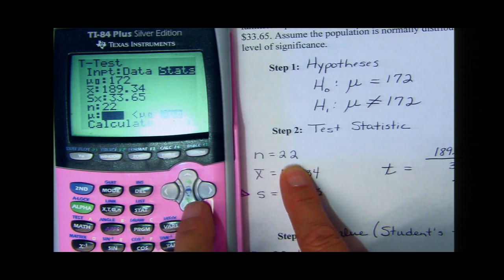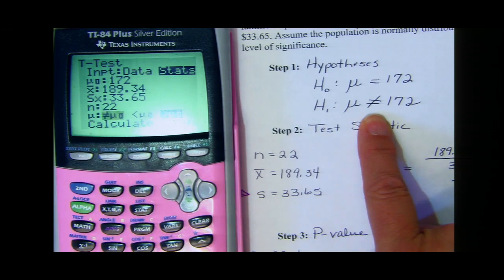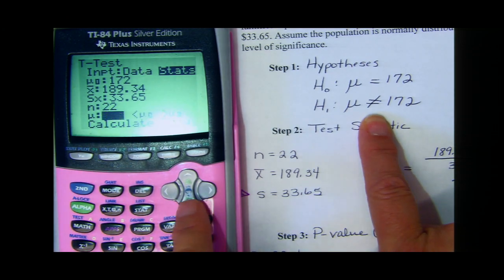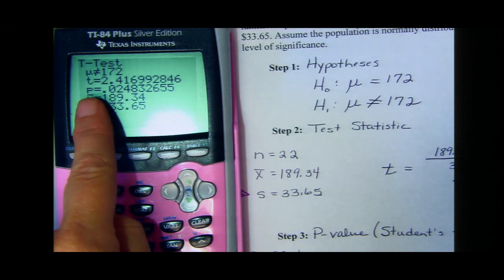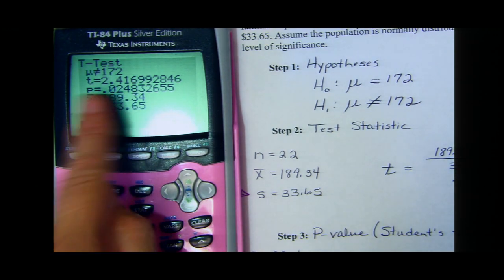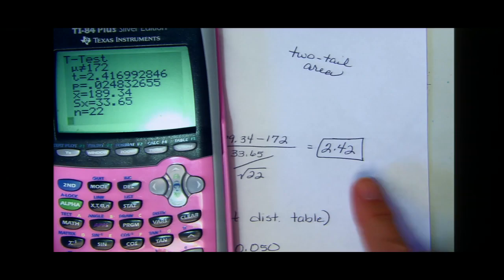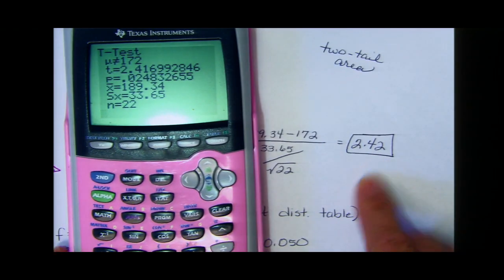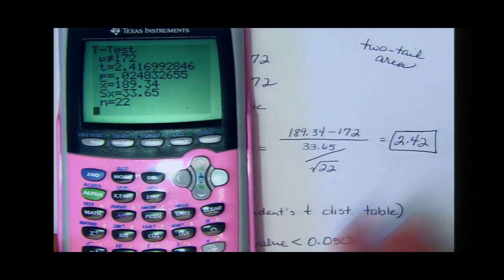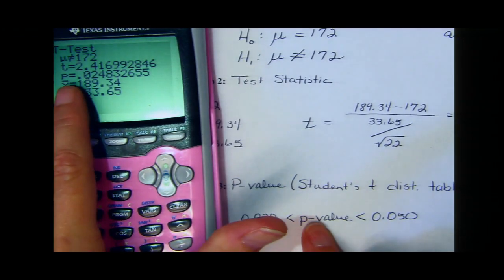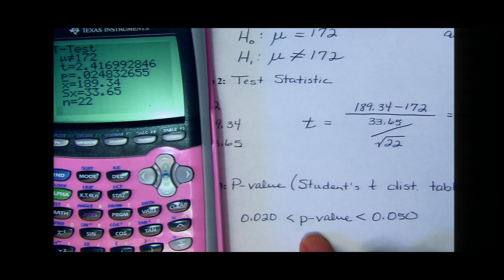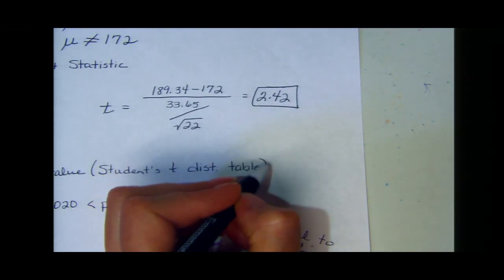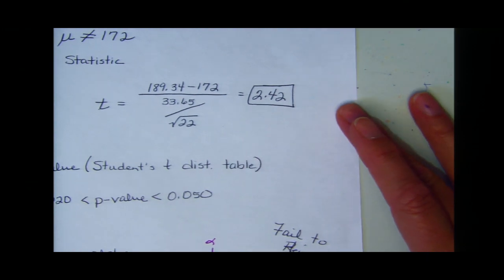And my alternate hypothesis is not equal to, and then I'm going to click calculate, and you'll see right here, there's the t-value, 2.416, which is our 2.42, and then the next one where it says p, it gives us our exact p-value.